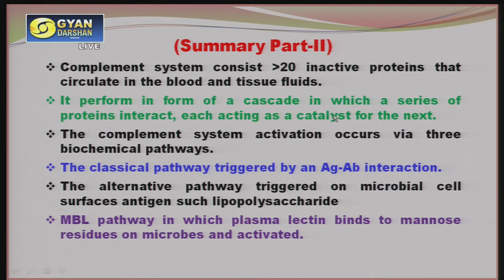It is a chain of reactions, each acting as a catalyst for the next. In the complement system, activation occurs by three biochemical pathways: the alternative pathway, the classical pathway, and the MBL pathway.